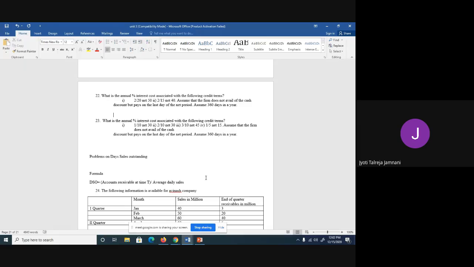There are two formulas to do it. Usually we will follow the seller's point of view, but I'll give you the formulas for both buyer and seller's point of view. So first we'll do it using seller's point of view.